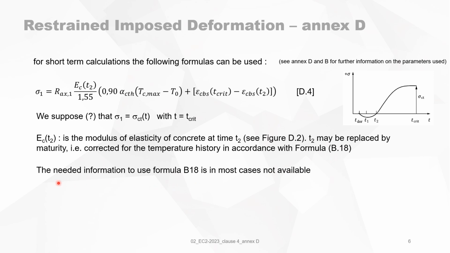Now, you need a lot of information to use formula B18, and in most cases, it's not available. So for normal calculations, T2 is unknown. So we have to deal with it.